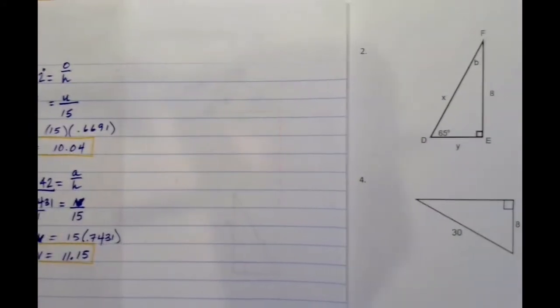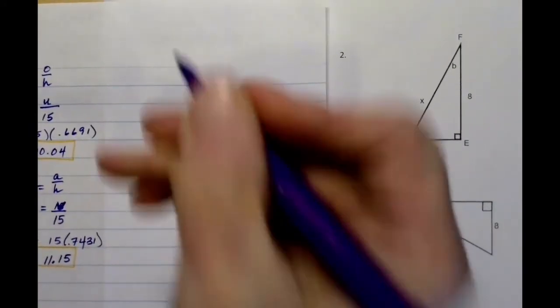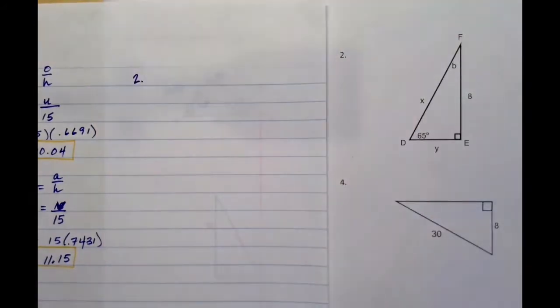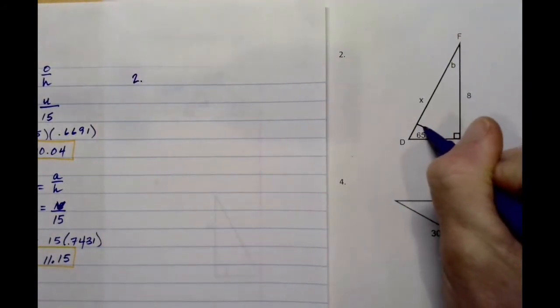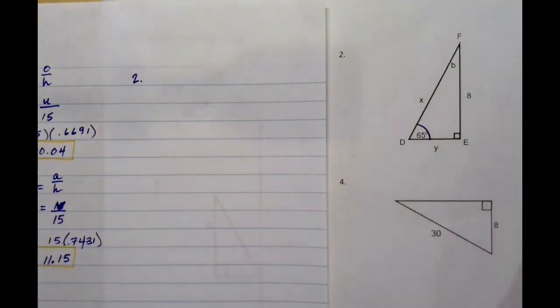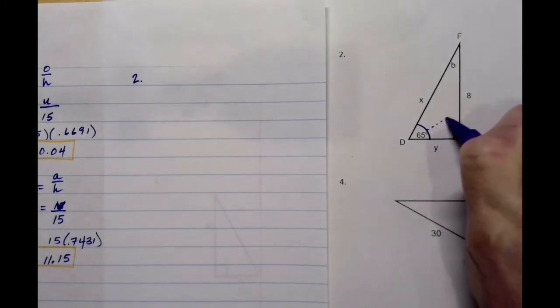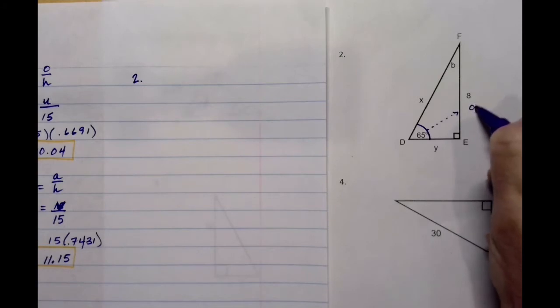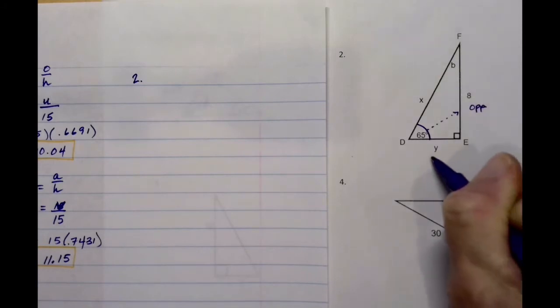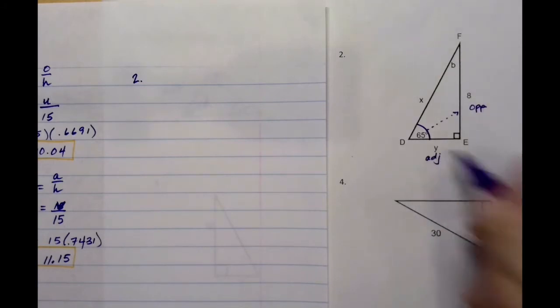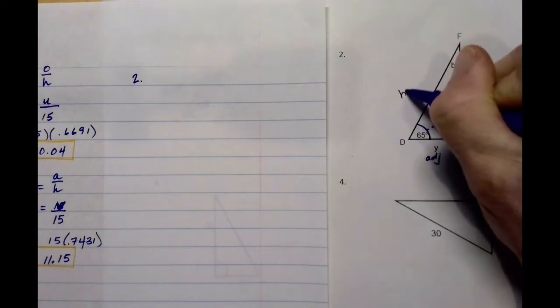All right, let's check out triangle number 2. So for number 2, let's talk about what we have. I have a 65-degree angle. I have my side opposite. So here's my opposite. Here is my side that's adjacent, and here is my hypotenuse.